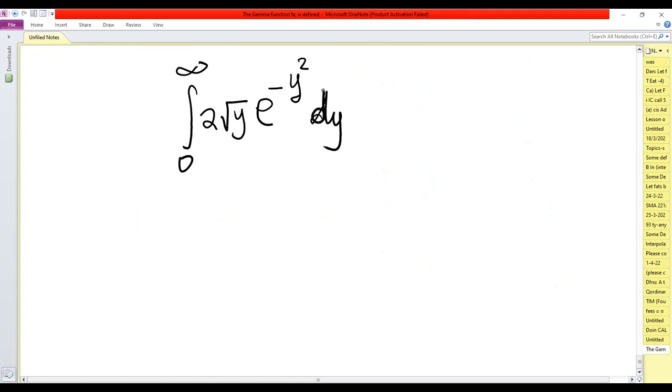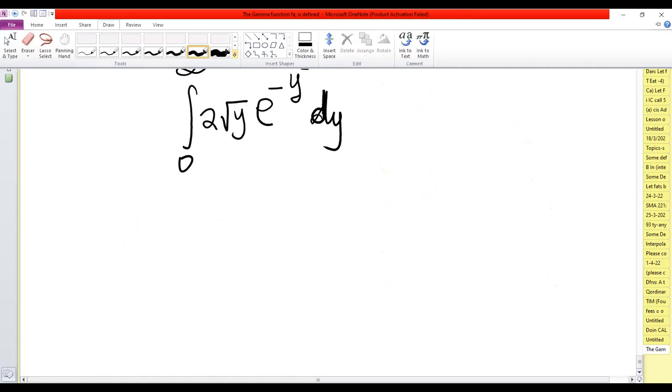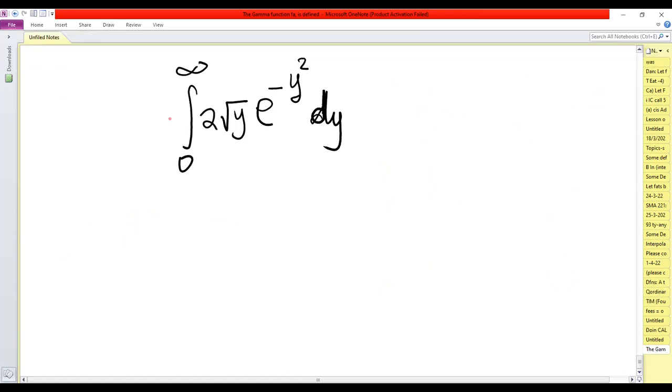So to solve this, we also do a transformation because this power of e is not in the correct form of the gamma function. So I'll say let u be given by y squared. So which tells us that u power half is the same as y.